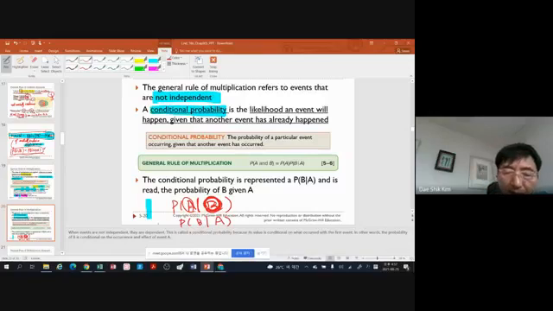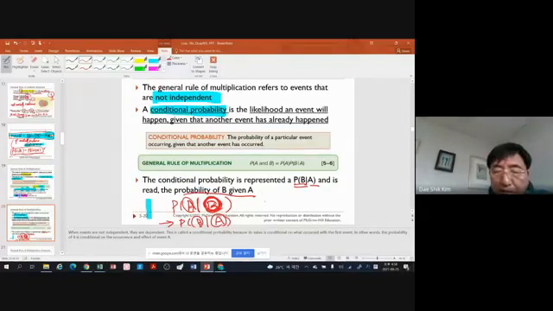The second case is the probability of B, assuming that A has already occurred. It's different. And this conditional probability represents P(B given A), the probability of B given A.